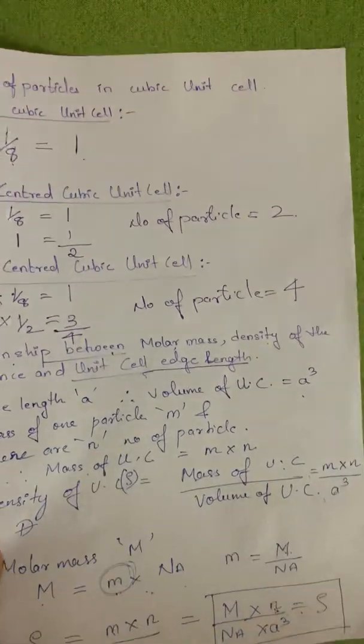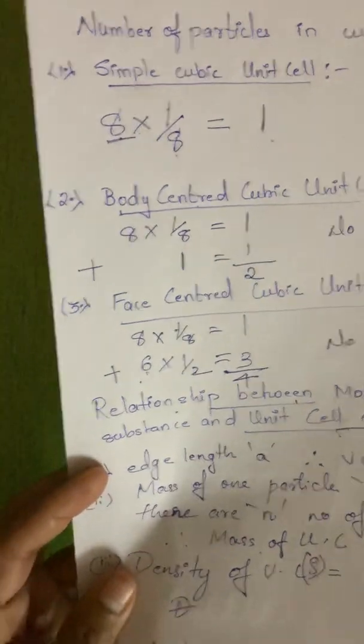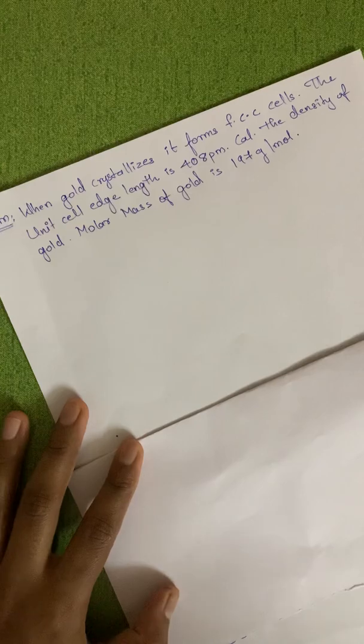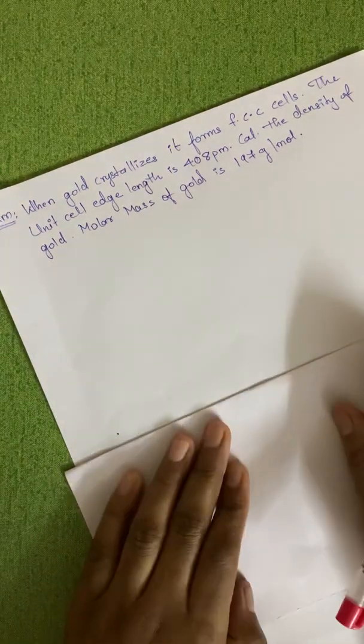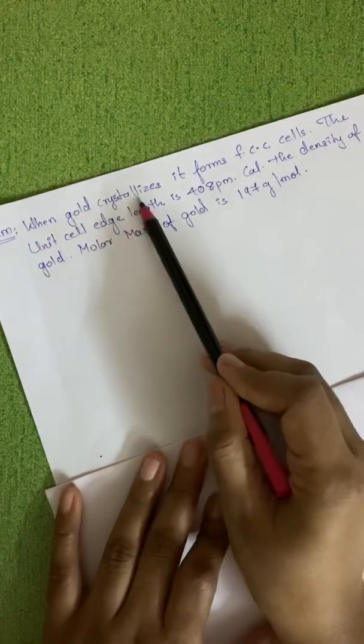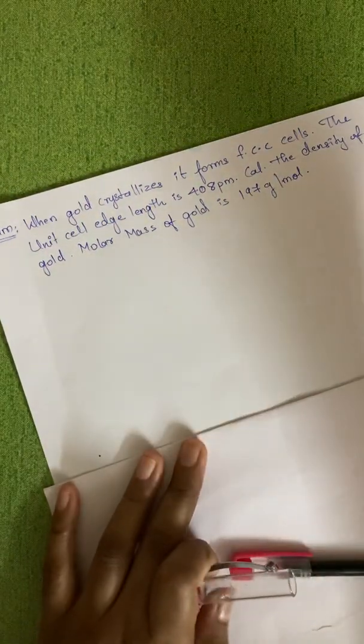Now the next thing, we will see one sum based on this. This is a sum. When gold crystallizes, it forms an FCC cell.